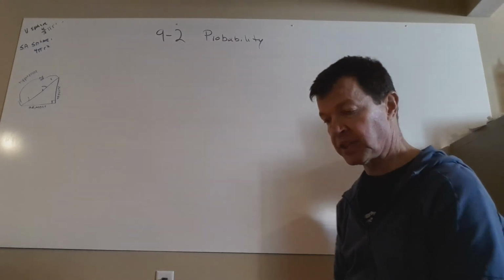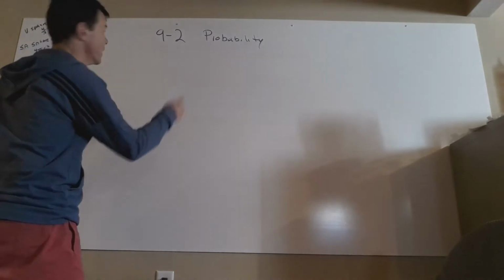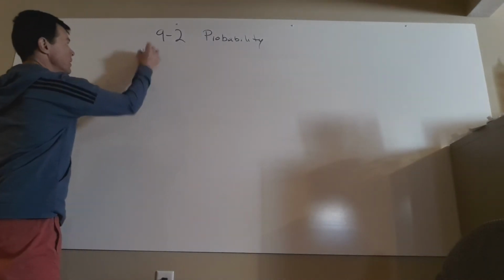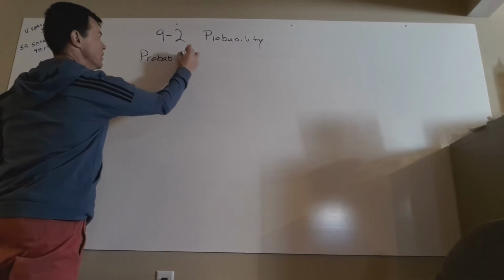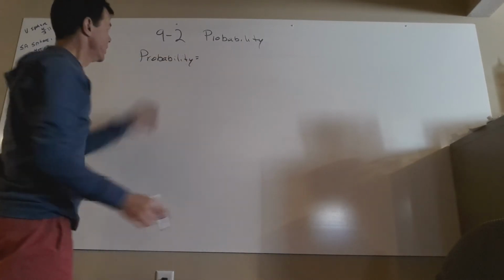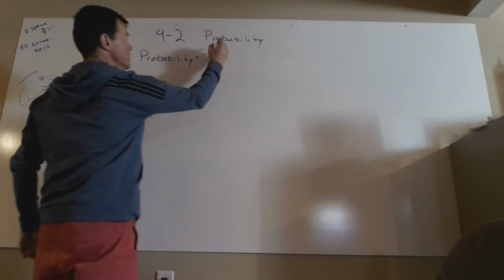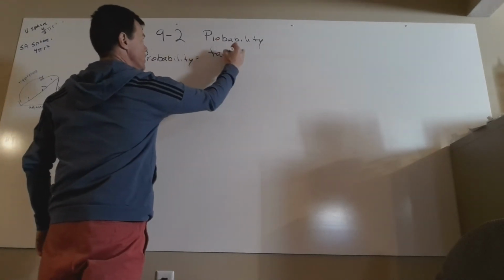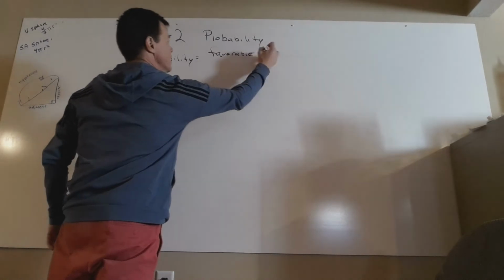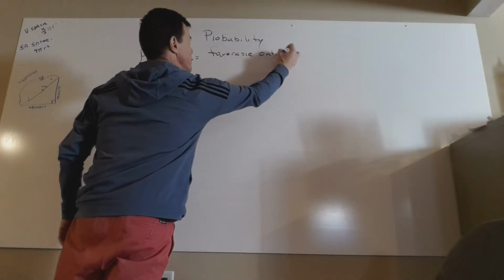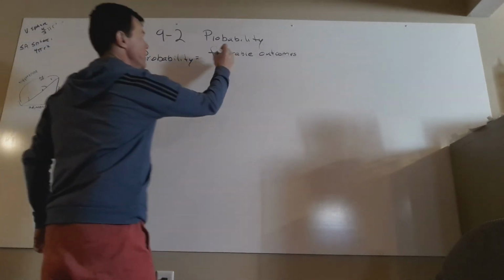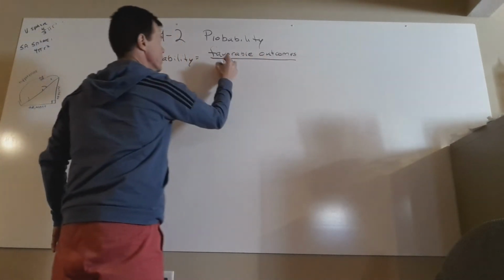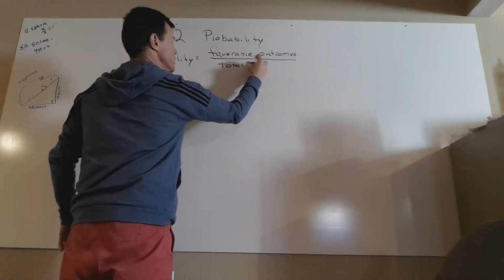And probability is calculated very easily. I will show you what you need to do as far as calculating probability. Probability is calculated as your favorable outcomes, what you want to happen, over total outcomes.